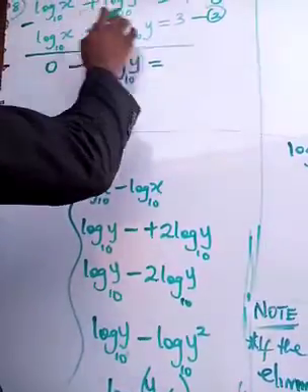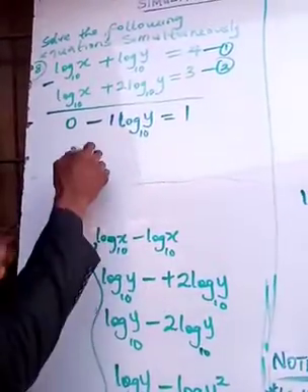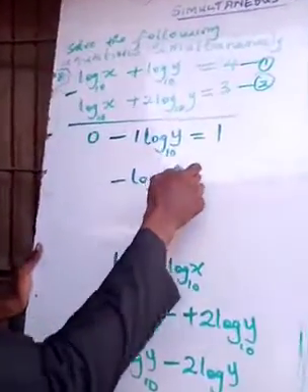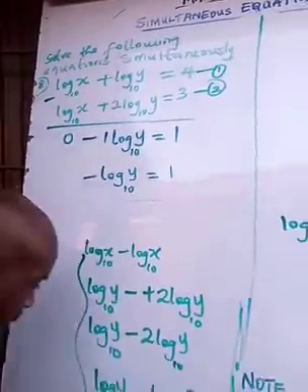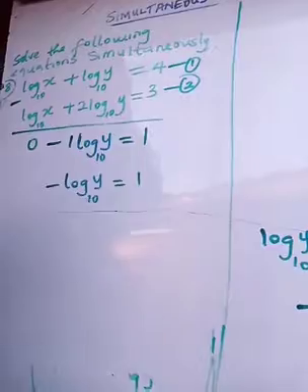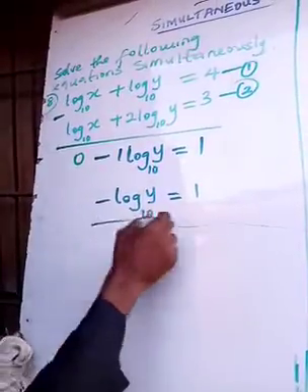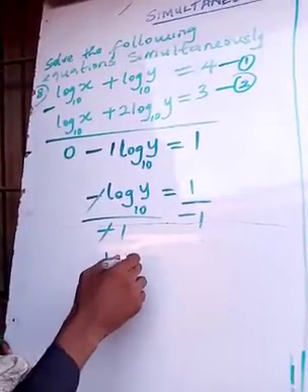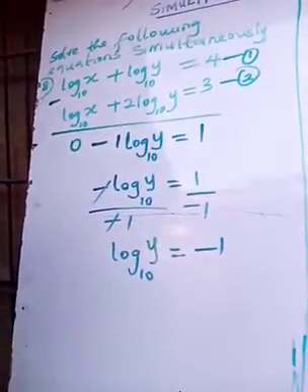Then 4 minus 3, that's 1. So 0 minus this, we have minus log y base 10 equals 1. Before we apply the rules of logarithm, we can divide both sides by this minus 1. So this cancels this. We have log y base 10 equals 1 over minus 1, that's minus 1.